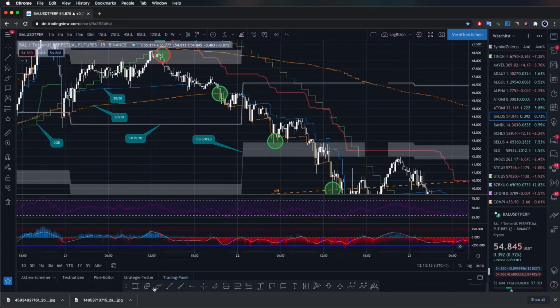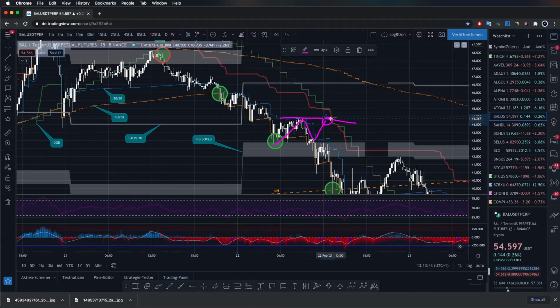Again, if something would happen like this, hitting this line again, I would maybe decide on the second hit to increase my short position, but it just hits it one time. So normally when it's just a one hitter here, it's a chance to go into a bigger short position, but it's risky.